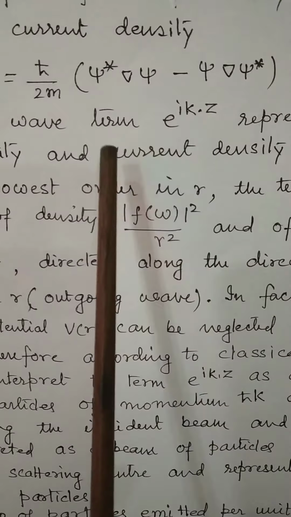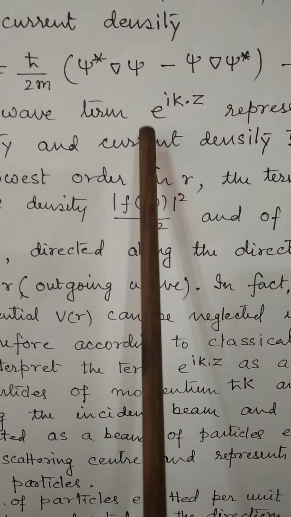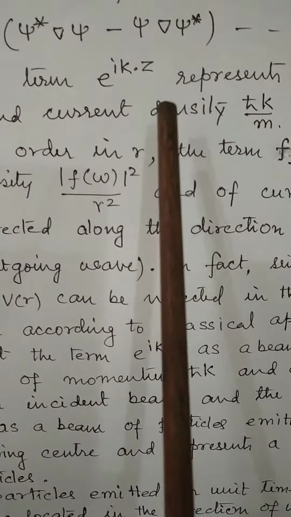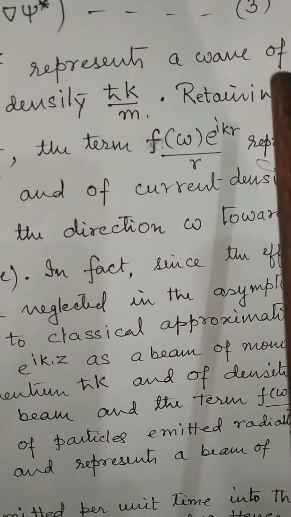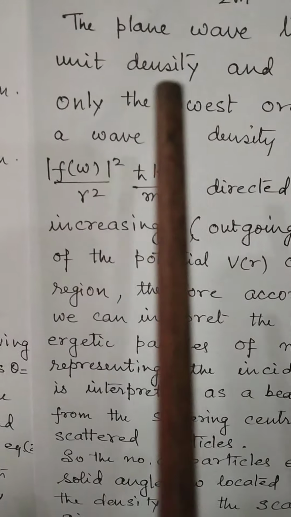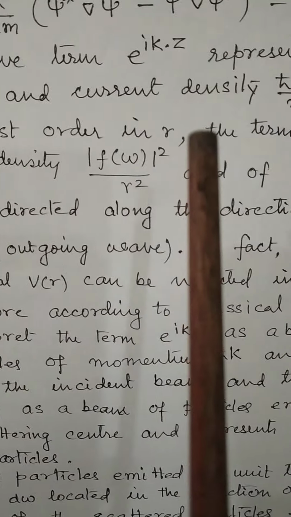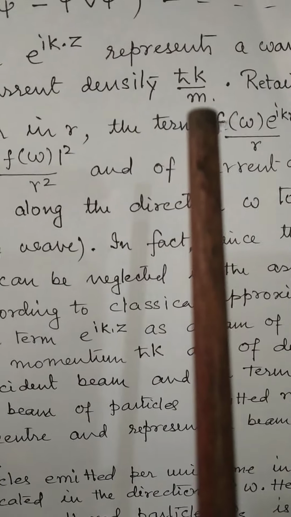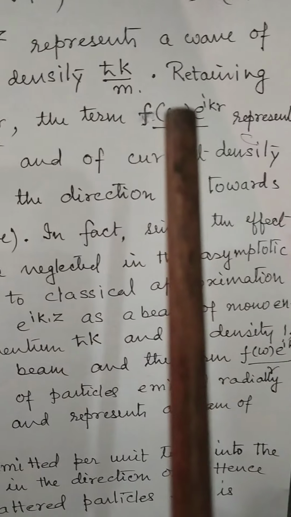The plane wave term e raised to the power of iota k dot z represents a wave of unit density and current density h cross k by m.